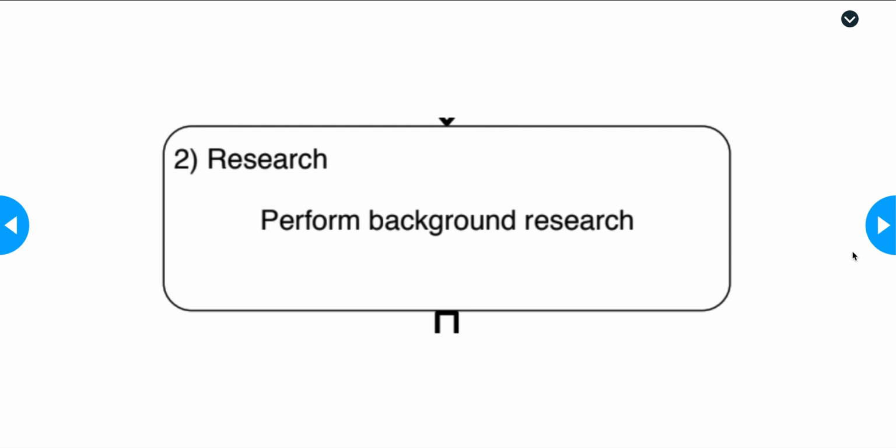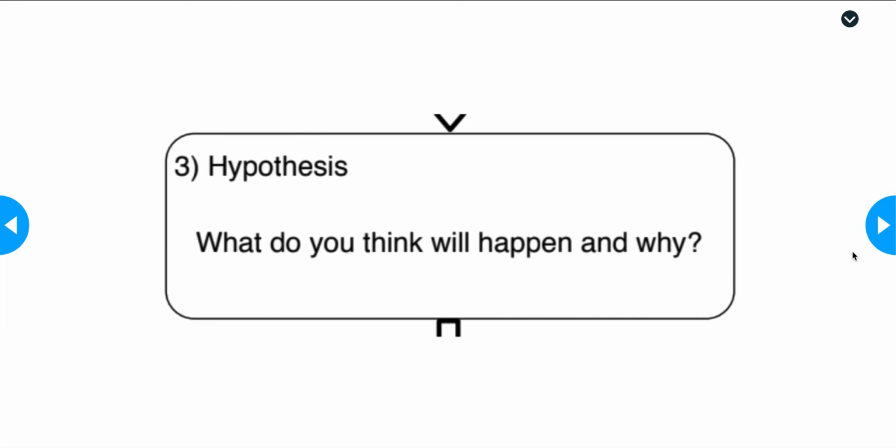For example, if you were performing a knuckle cracking experiment like that guy did, it would be good to understand what happens when you crack your knuckles. So he could have done research and found out what exactly knuckle cracking is, to better understand and move us on to our next step, which is hypothesis.